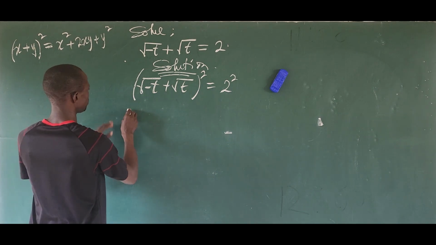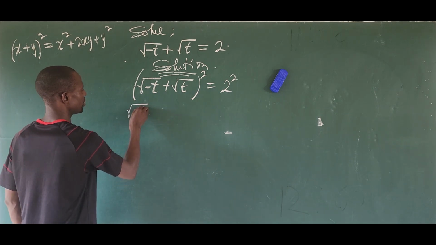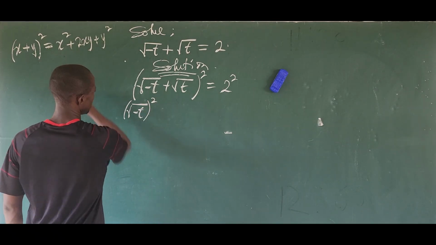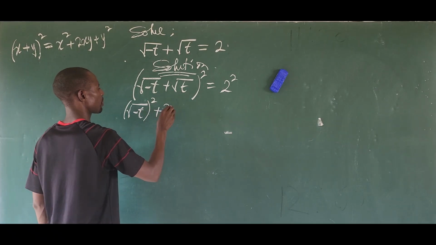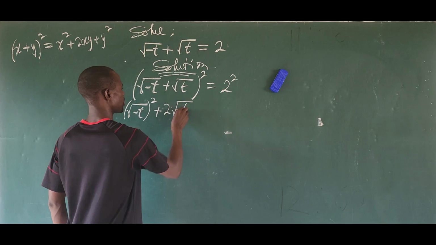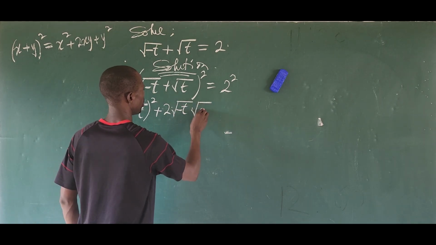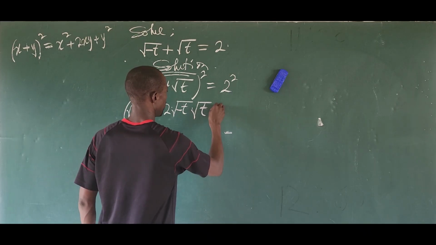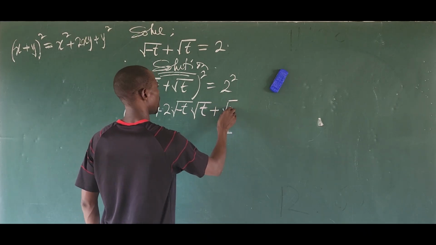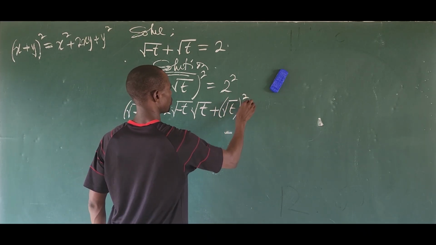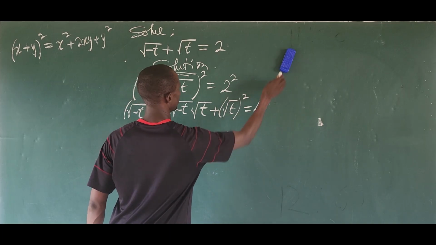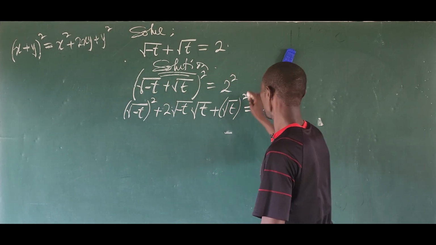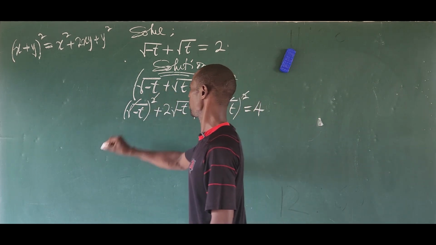So this is going to give us the first term, which is the square root of minus t, all raised to the power of 2, which is this. Plus 2 times the square root of minus t times the square root of t. Then plus the square root of t, all raised to the power of 2, equal to 4. Now we go with this radical and this radical, we all know that.